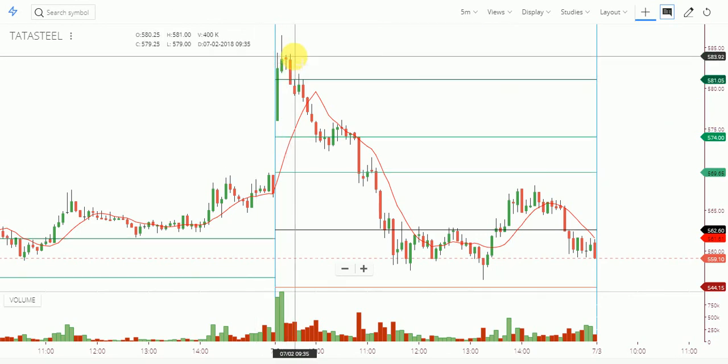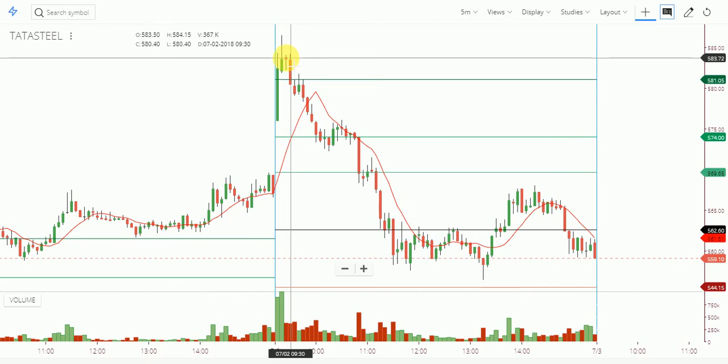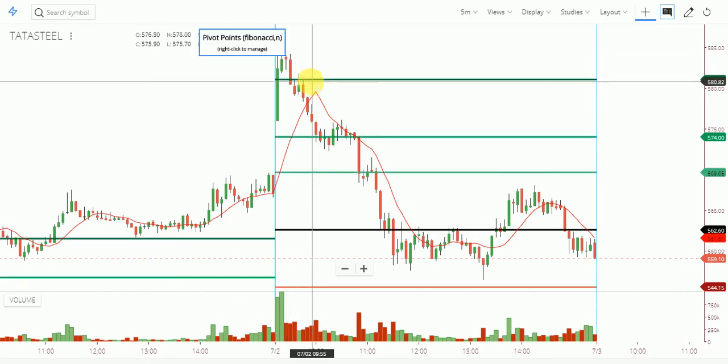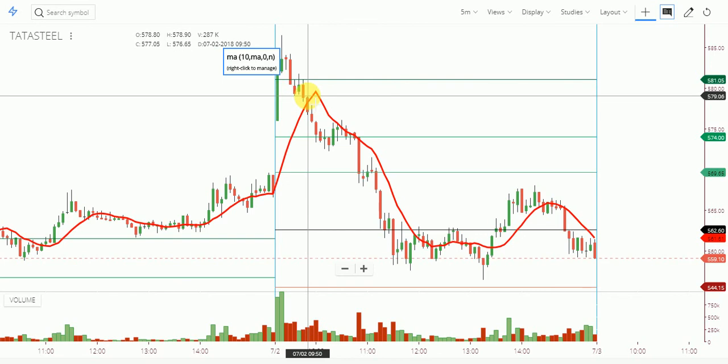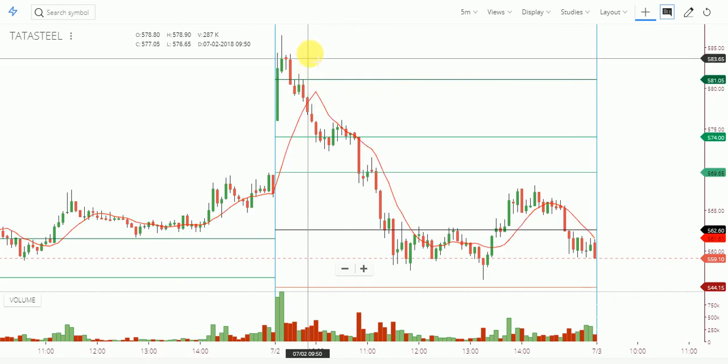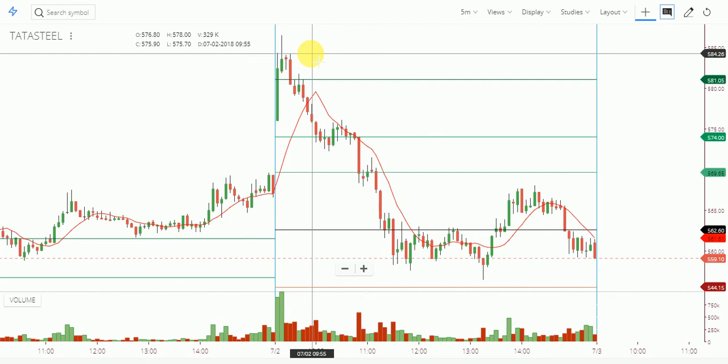See here, today same thing. To be frank, I missed entering here, but I did take a risk around here, and somewhere I entered around this level, and then I placed a stop loss of this, which is bigger, but I am ready to give that. Why? Because as per my risk management I am doing that, right?